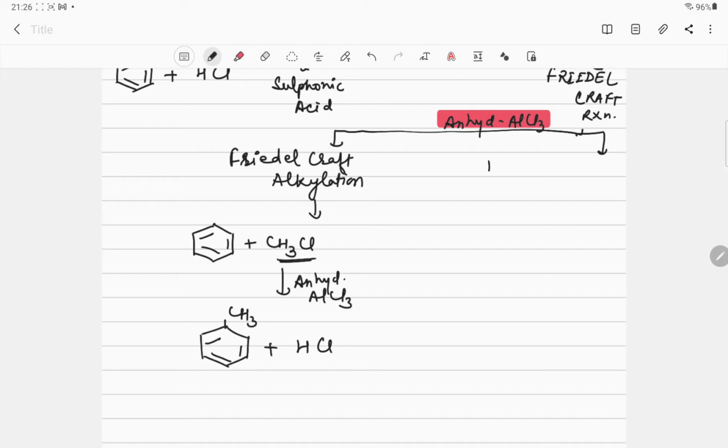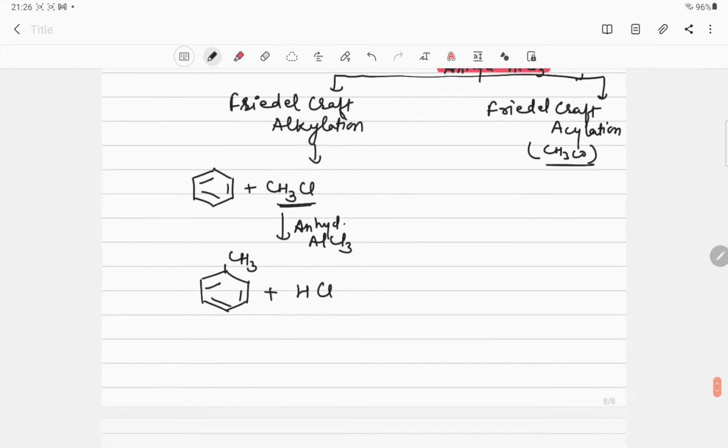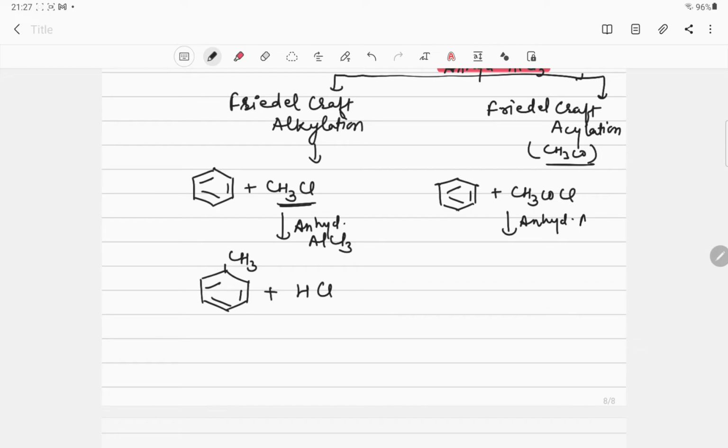Now if we carry out Friedel-Crafts acylation, what does it mean? The H will be substituted by the acyl group or the acetyl group, that is CH3CO group. So how will the reaction be carried out? It will be benzene plus CH3COCl, and because it's a Friedel-Crafts reaction, the catalyst must be anhydrous AlCl3.